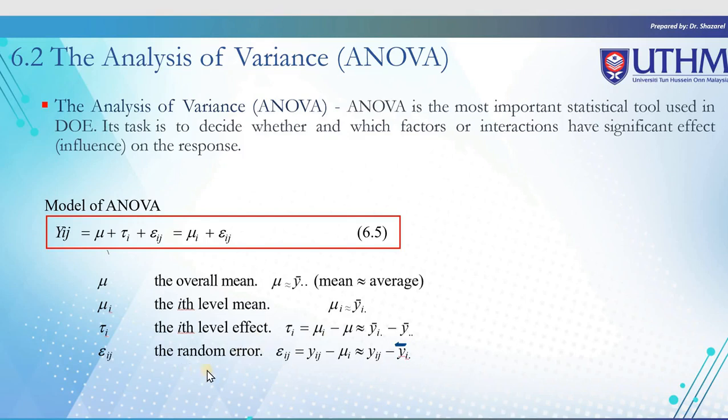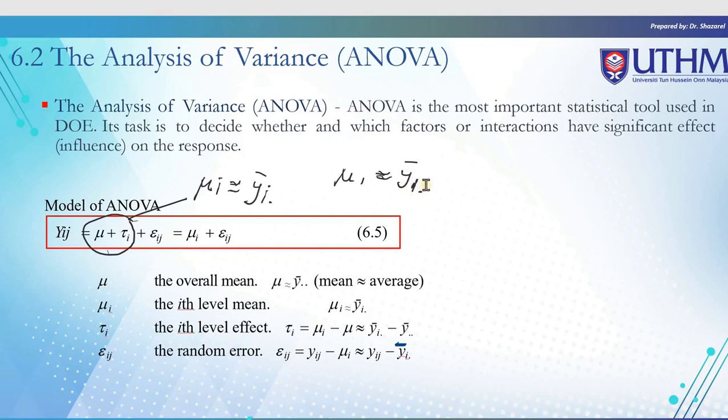Here, mu plus tau i can be represented as mu i, which is approximately equal to y bar i dot. For level 1, for example, the average of the first level, mu 1, is approximately equal to y bar 1 dot. This means the mean for the first level is approximately equal to the average of the observations of the first level.